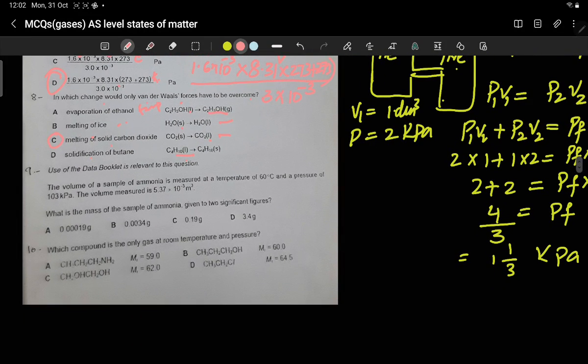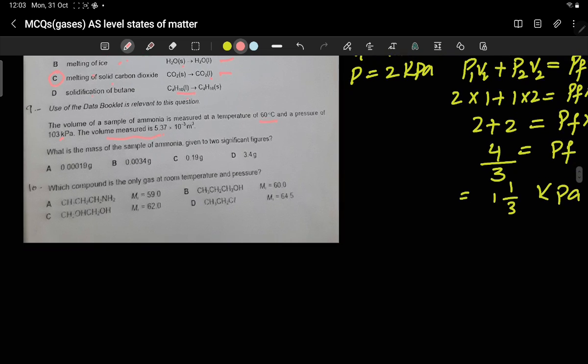Use of the data booklet is relevant to this question. The volume of a sample of ammonia is measured at a temperature of 60 degrees centigrade and a pressure of 103 kilopascal. The volume measured is 5.37 × 10^-3. What is the mass of the sample of ammonia gas? So again PV is equal to nRT.